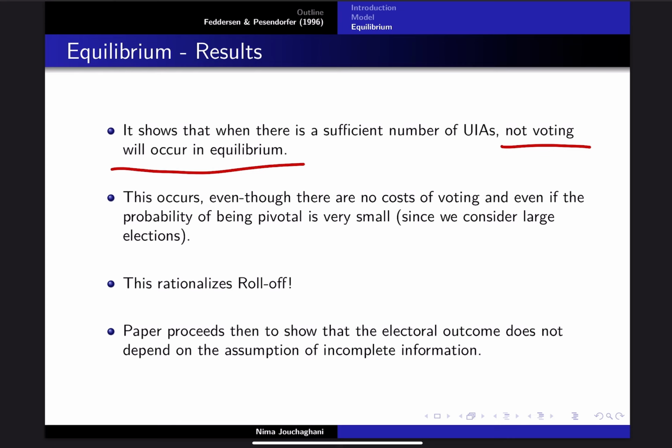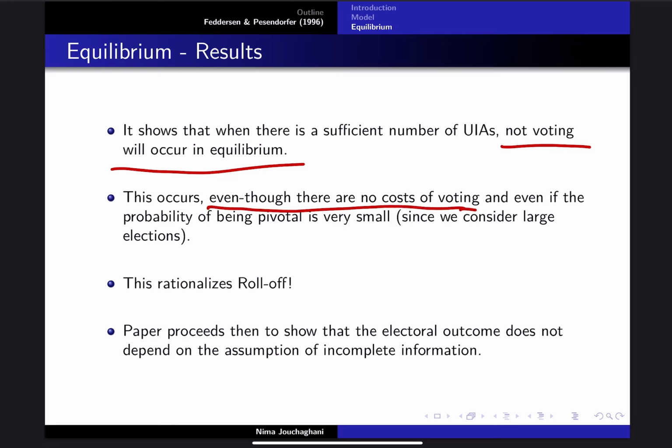So if the amount of eligible agents is large, which means that you have a sufficient amount of potential voters in your economy, in your country, which should certainly be fulfilled in most countries, and if you have a sufficient number of individuals who are independent and uninformed, then the model predicts that not voting will occur in equilibrium. And the interesting thing is that this occurs even though there are no costs of voting.